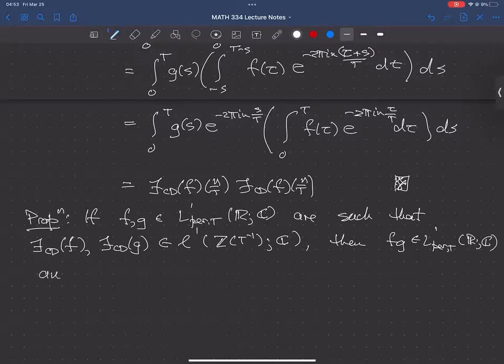Okay, and the CDFT of FG is the CDFT of F convolved with the CDFT of G. Okay, so now this is the aperiodic discrete convolution, all right, but it's still just convolution.